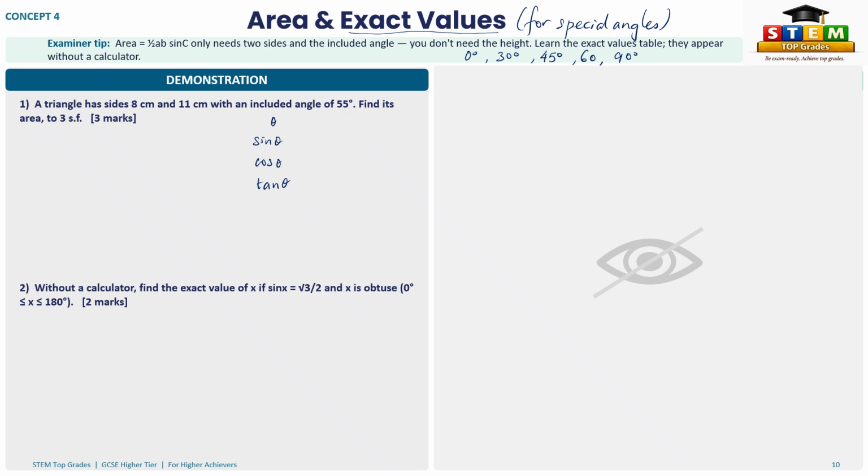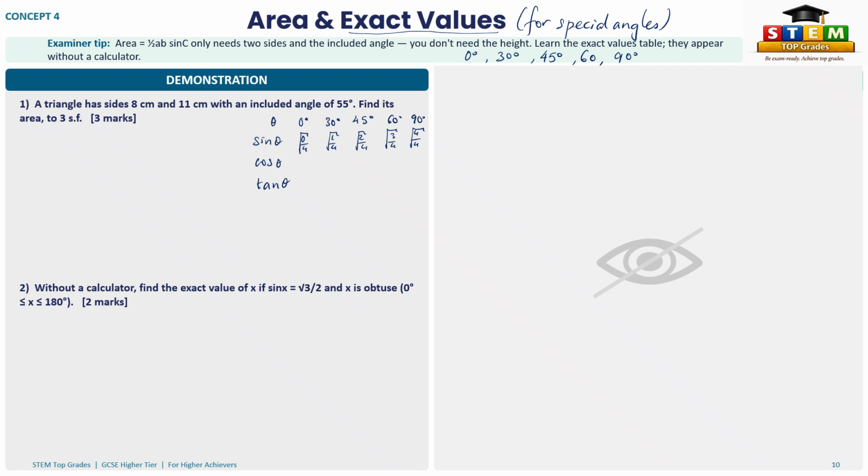I'm just going to modify that and write 0 degrees, 30 degrees, 45 degrees, 60 degrees, and 90 degrees. So we start with 0, 1, 2, 3, 4. Then we divide all of them by 4, and then you take the square root of all of them.